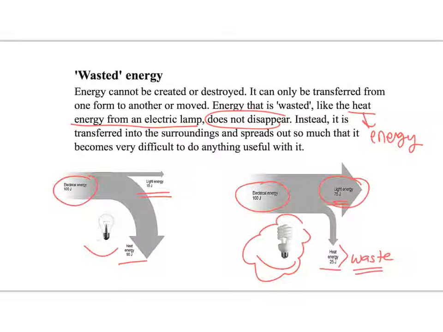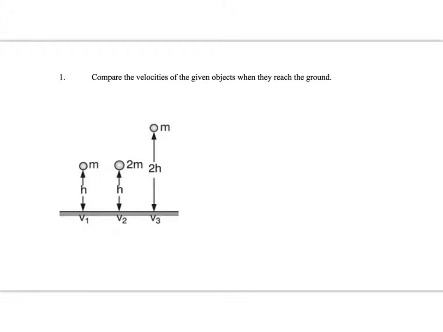That's why. Now let's do the classwork. The first question: compare the velocities of the given objects when they reach the ground. At this position they have potential energies, and when they reach the ground, it is converted into kinetic energy.